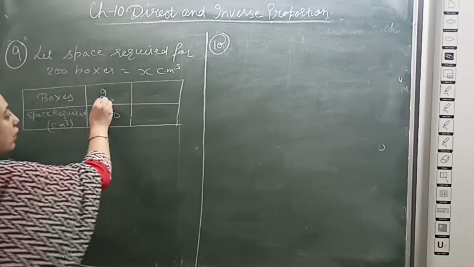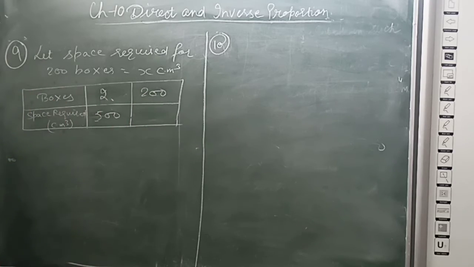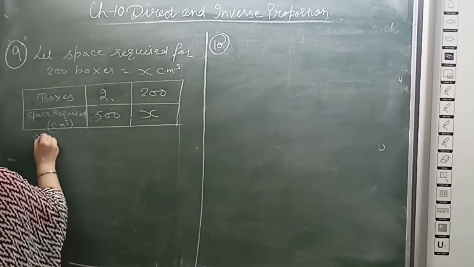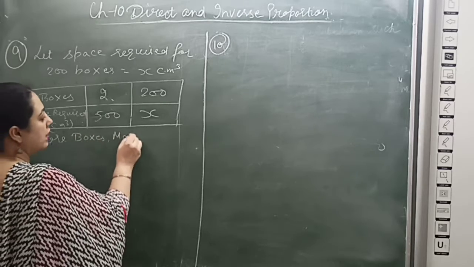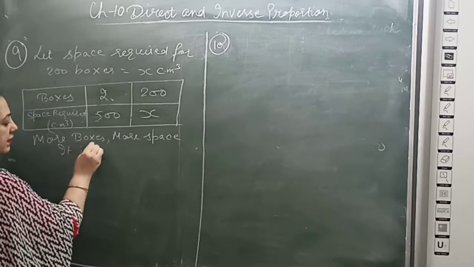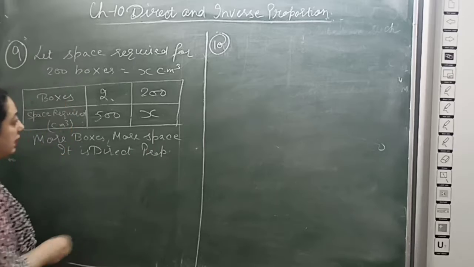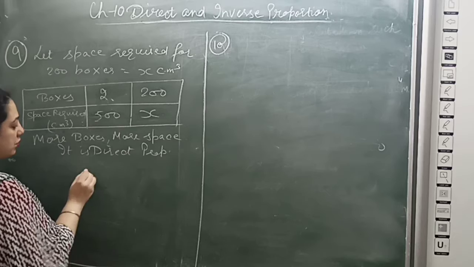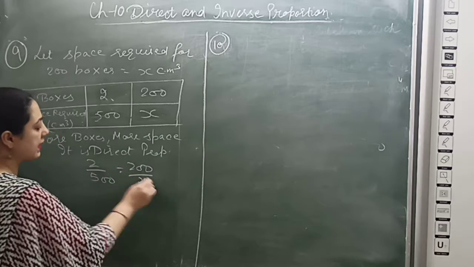Now according to the statement beta, the boxes are 2 and its space is 500 centimeter cube. Now the boxes increase from 2 to 200. More boxes, more space. We have to find the space and let it be x. So it is direct proportion or variation. Now according to the direct proportion, equate these two ratios. 2 over 500 is 200 over x.